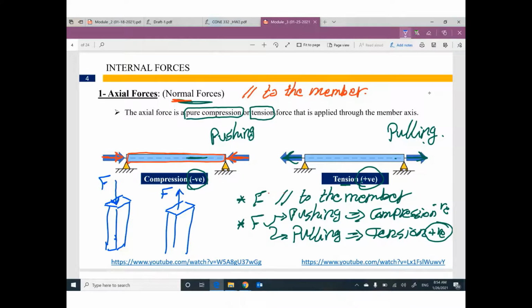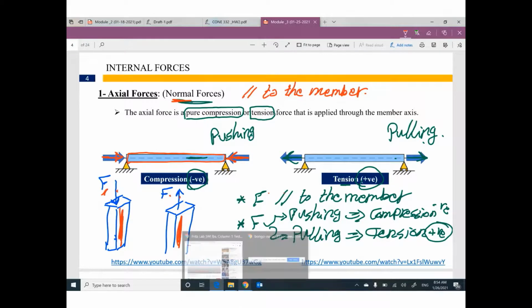Both of them, the force is parallel to the member. Sometimes this force is pushing, sometimes this force is pulling.